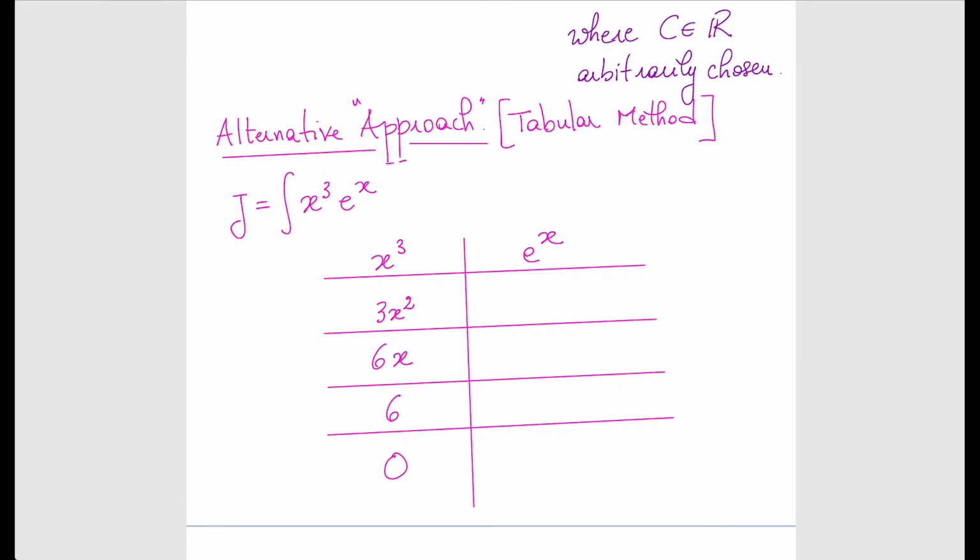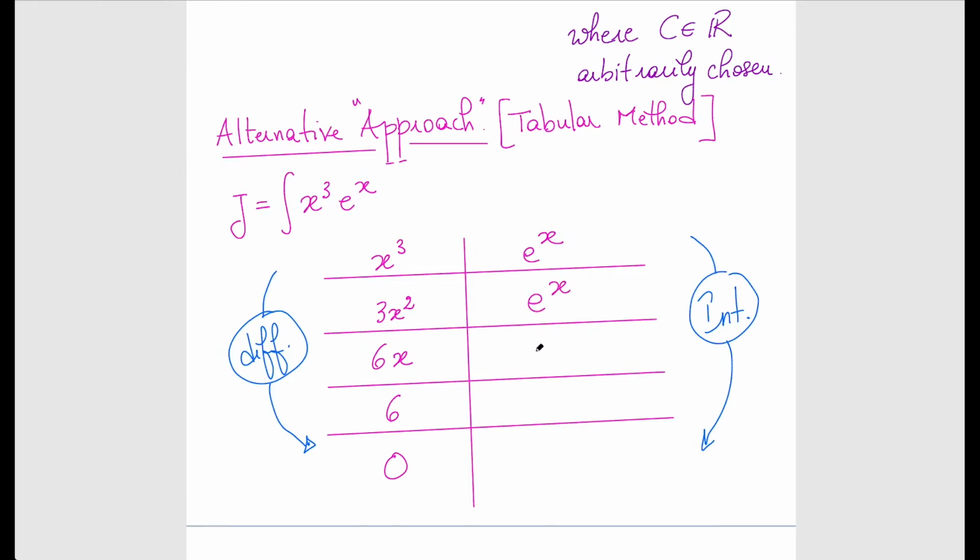Correct? So on this side, you differentiate. On this side, okay, so you differentiate here, and over here you're gonna integrate. So over here you're gonna integrate all the way to that same stage. And what do we obtain? Well, if we integrate e^x, we're gonna get e^x each time, right?